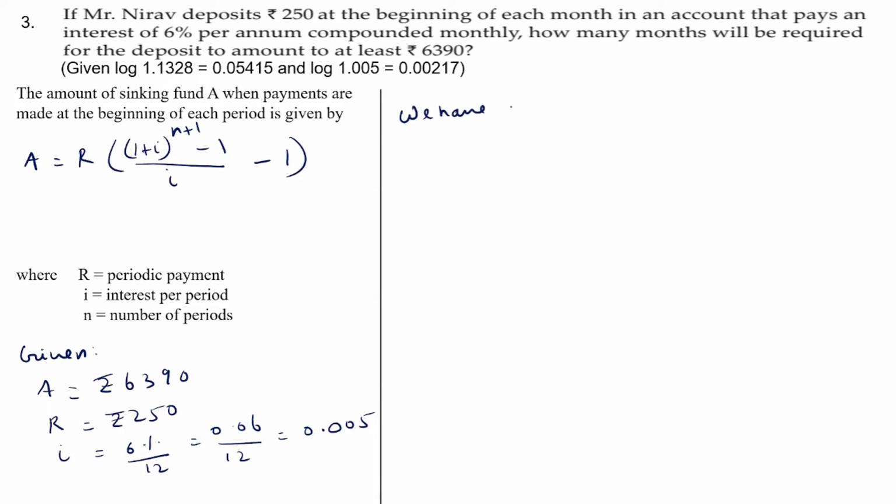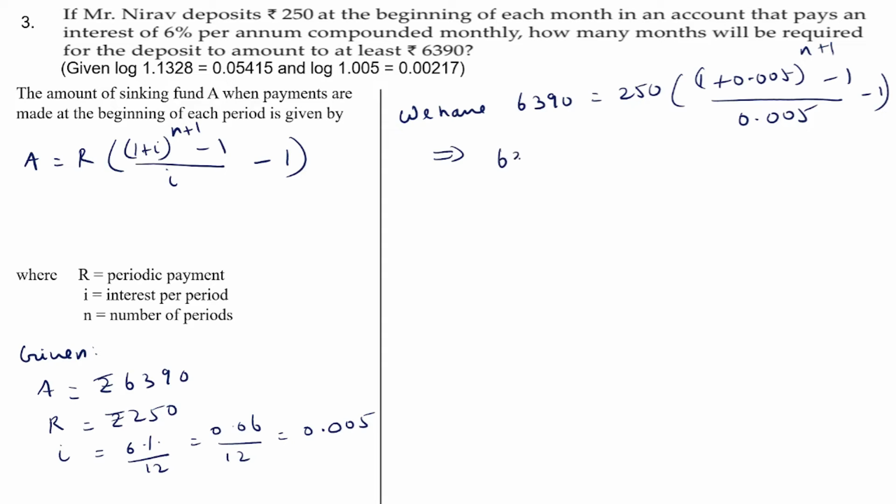We have 6,390 is equal to 250 into (1 plus 0.005) the whole raised to n plus 1 minus 1 upon 0.005, minus 1.